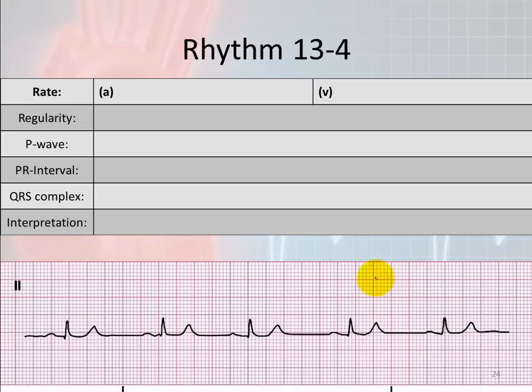So the first thing we're going to do is identify the rhythm itself, the rate, I'm sorry, the atrial rate. So we have 300, 150, 100, 75, 60, 50. So we'll say 58 beats per minute. Regularity is going to be irregular.